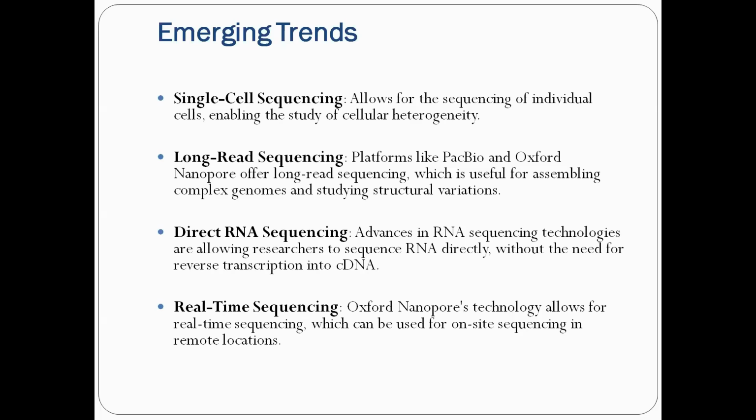Then also direct RNA sequencing, because many technologies extract an RNA sample, convert the RNA to cDNA, and then do the sequencing. But the cost and the time will be reduced if direct RNA sequencing is done.